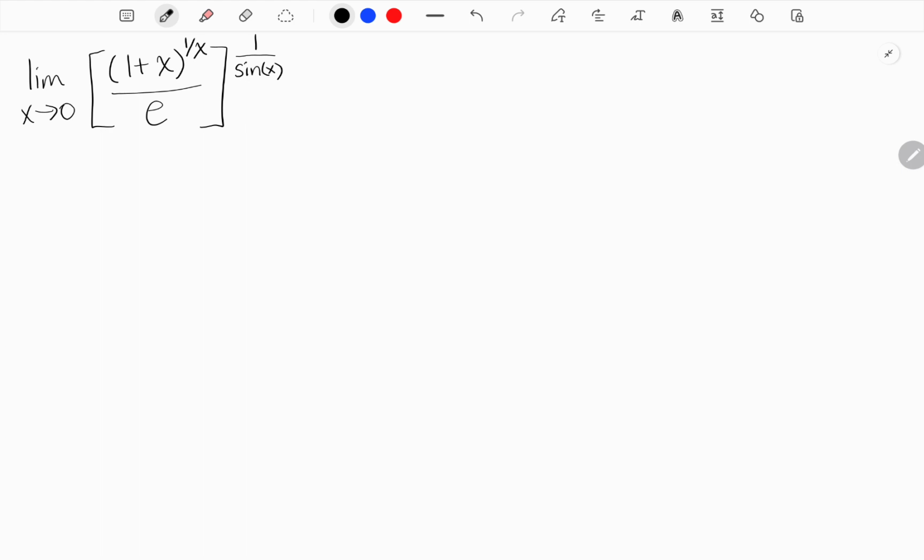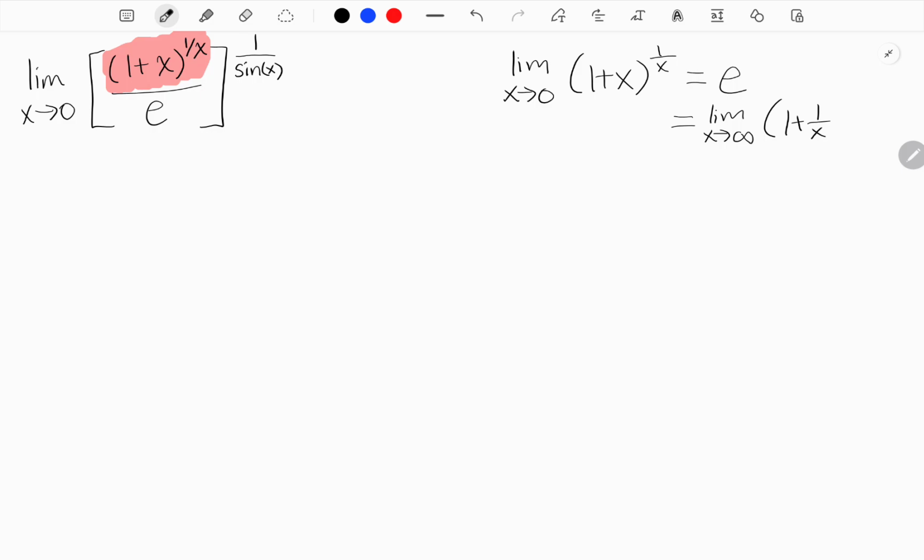At first glance, if you just plug in x approaching 0, the expression (1 plus x) to the 1 over x is actually equal to e, okay? So the limit as x goes to 0 of (1 plus x) to the 1 over x is equal to e, which is also equal to the limit as x approaches infinity of (1 plus 1 over x) to the x.